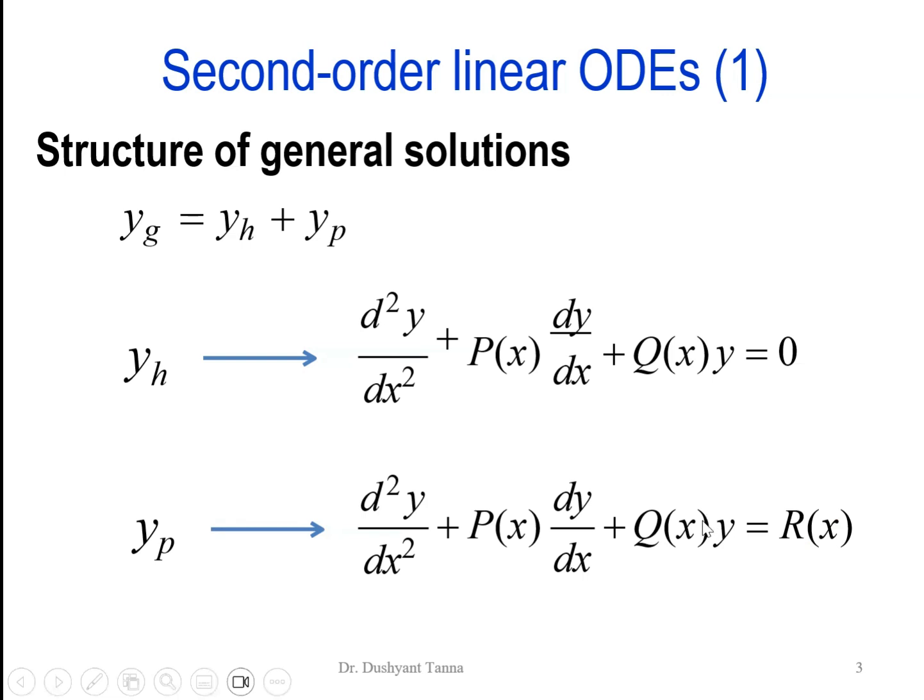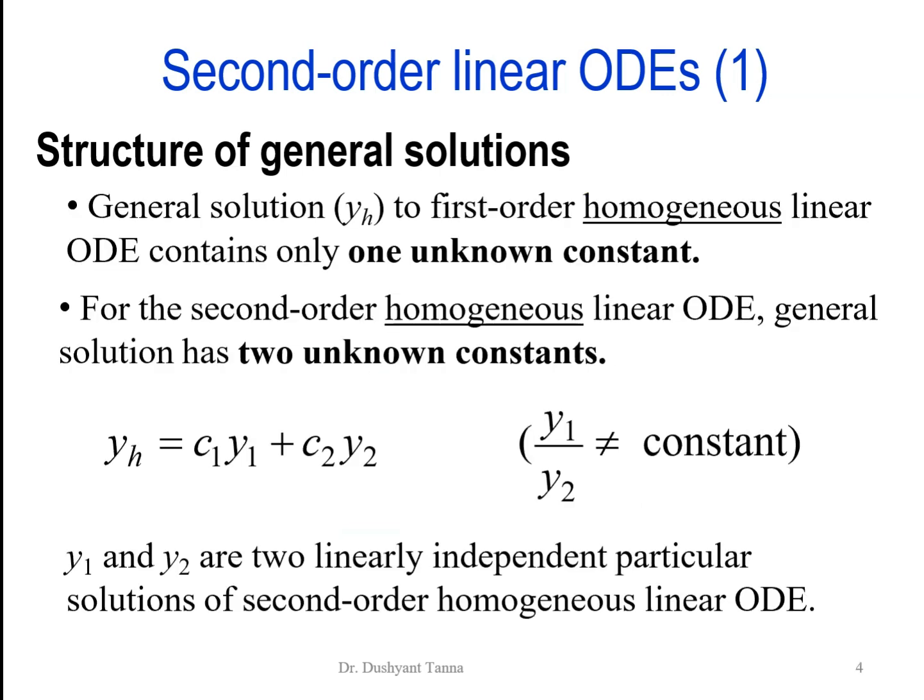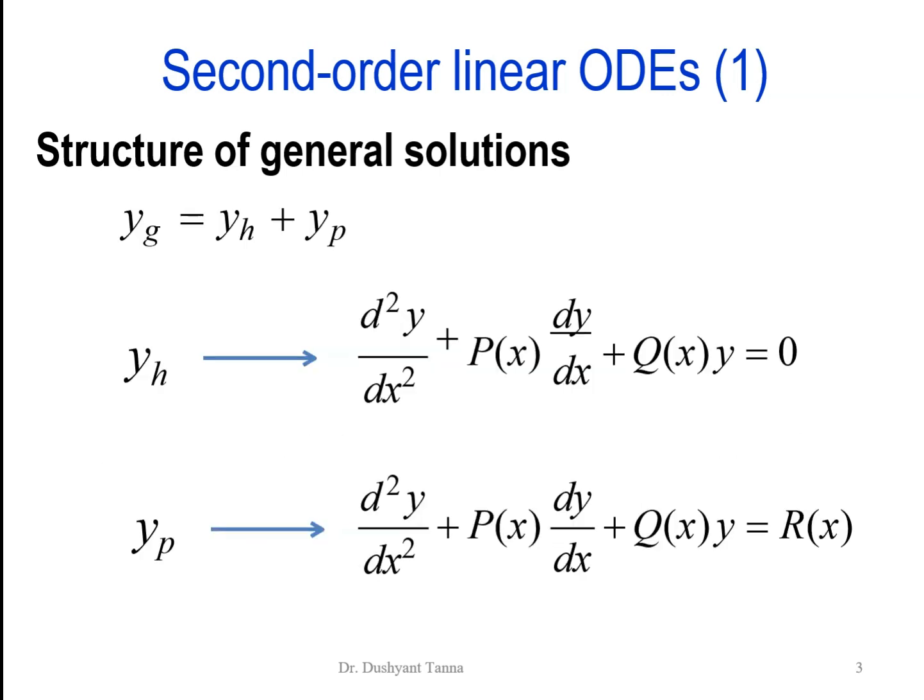I'm not going to talk about what we have already discussed, but just quickly refreshing our memory. When we are talking first order, we were talking about mu x, right? The solution back then was y is equal to mu x c e raised to q over mu dx, yeah? Where mu is c e raised to minus p dx, yeah?